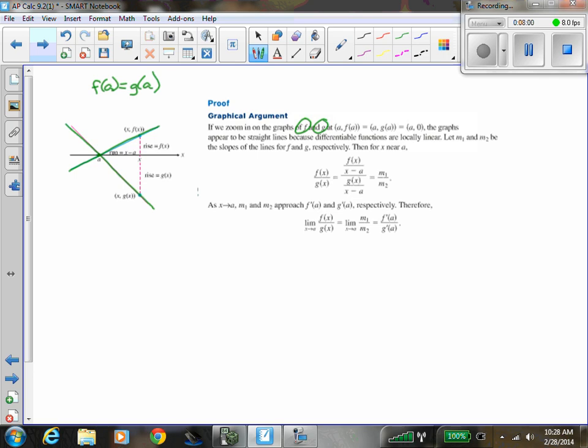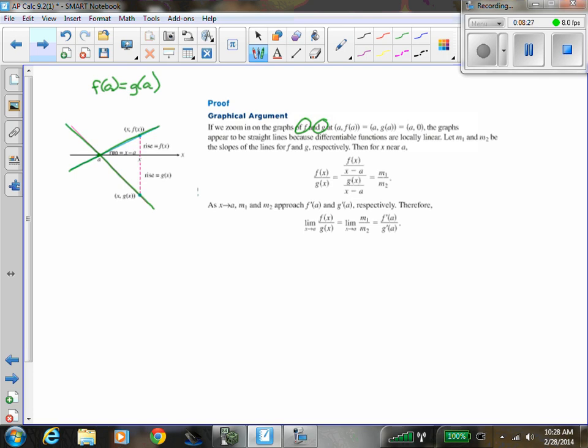Okay? All right. So now it says if we will let M1 and M2 be the slopes of the two lines for these respectively, then for values of x near A, then we would get this. And they just write here what f of x over f of a is. And how we're going to write this is we're going to say for values near A, this could be f of x over x minus a.